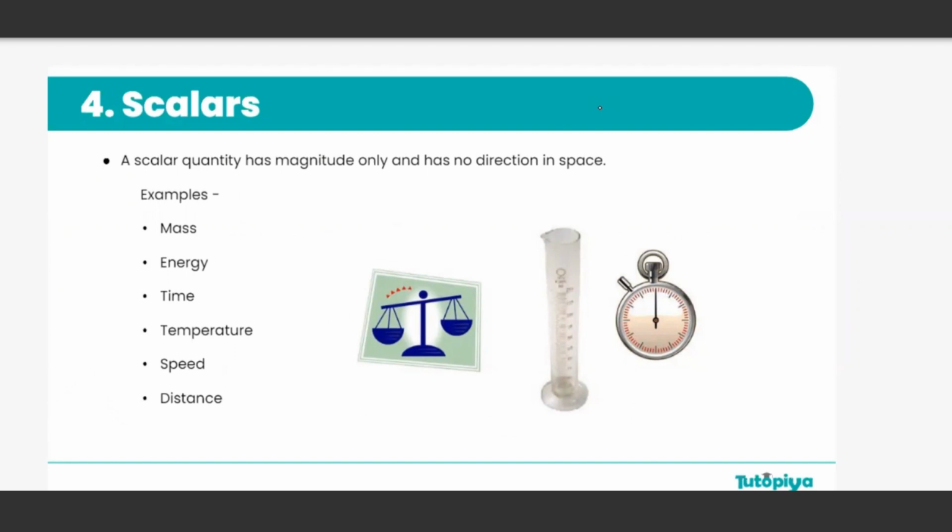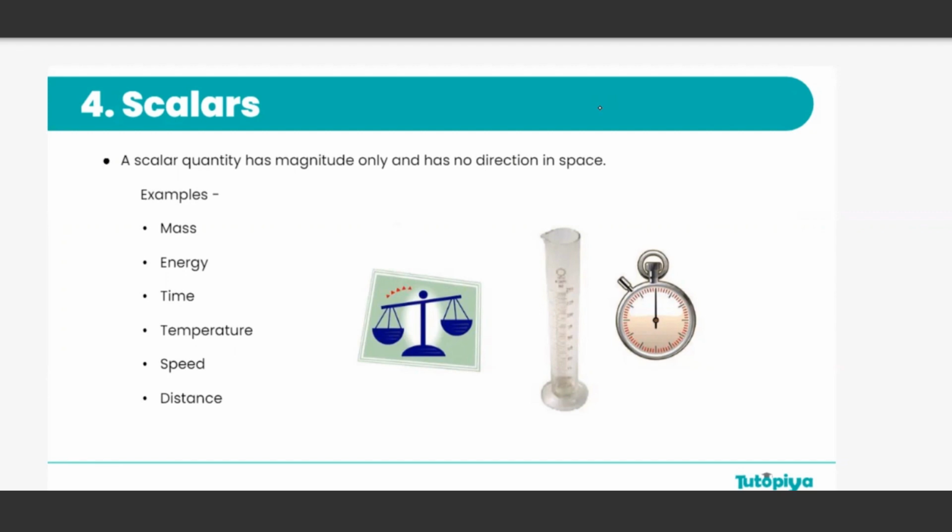A scalar quantity has magnitude only and has no direction in space. For example, mass, energy, time, temperature, speed, distance. For all of these quantities, when you're saying it out loud or telling it to someone, it doesn't make sense to include a direction.